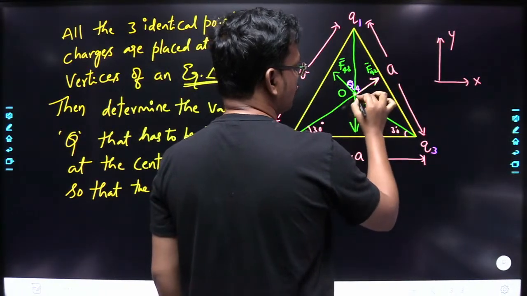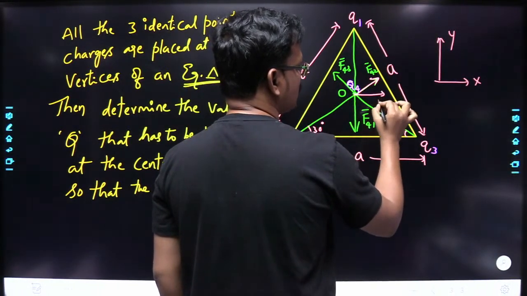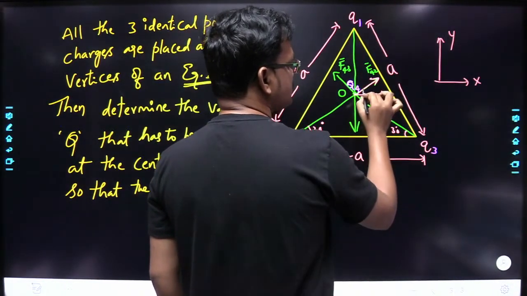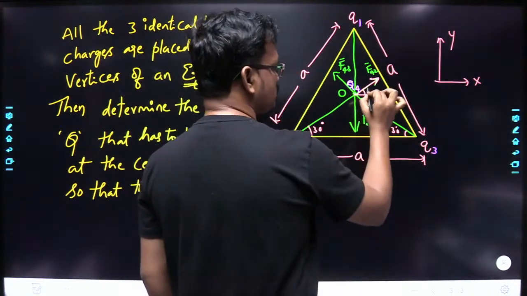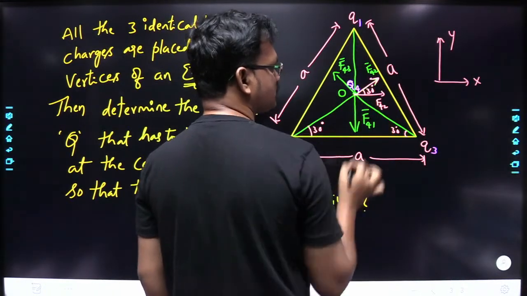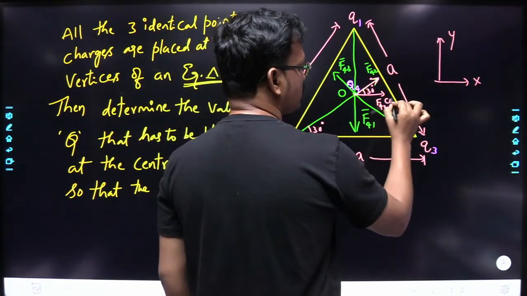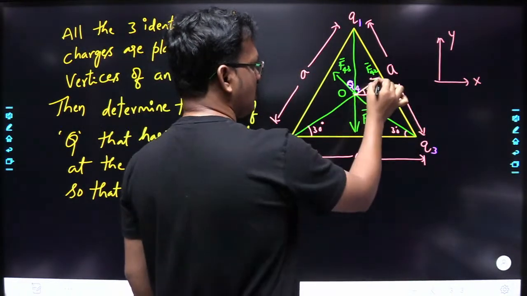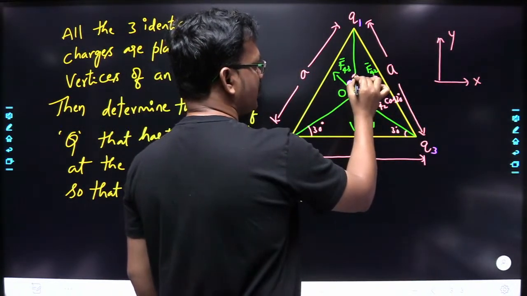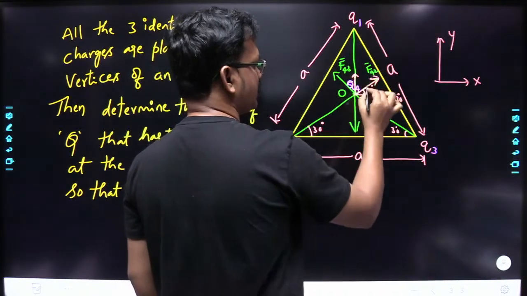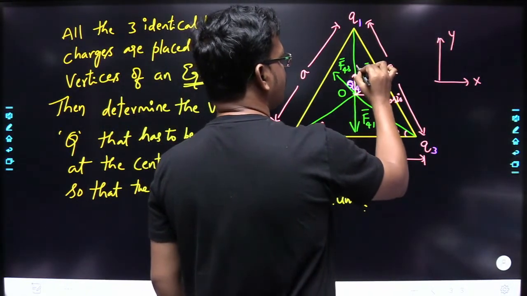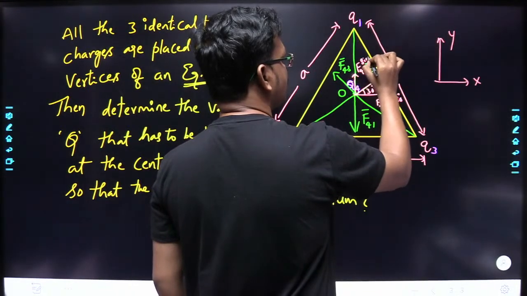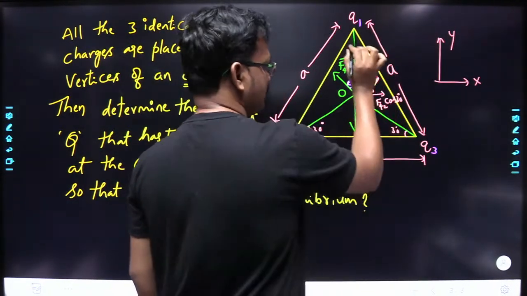One is along the X direction, and this angle is also 30 degrees, so it is F42 cos 30 degrees. Its Y component is going to point in this direction, and this is F42 sin 30 degrees.